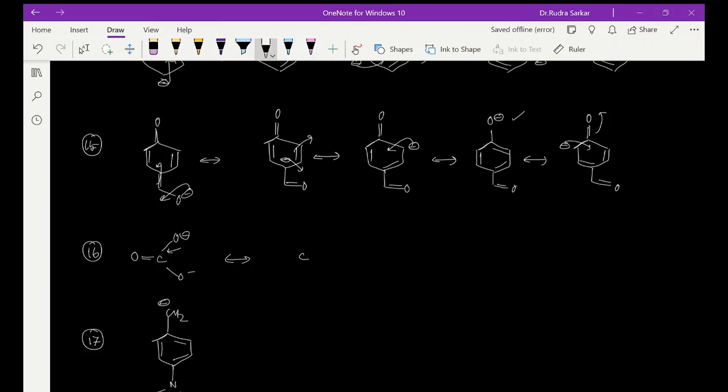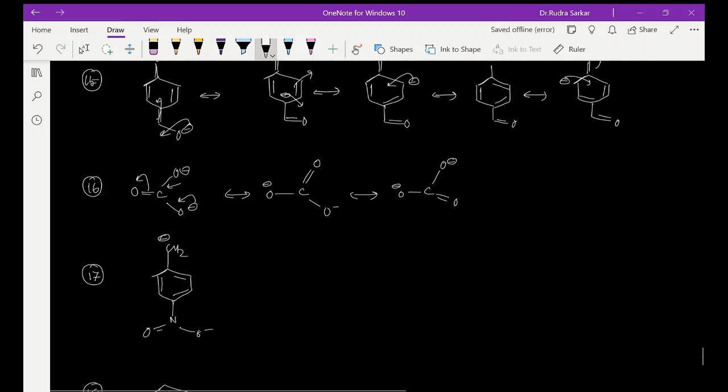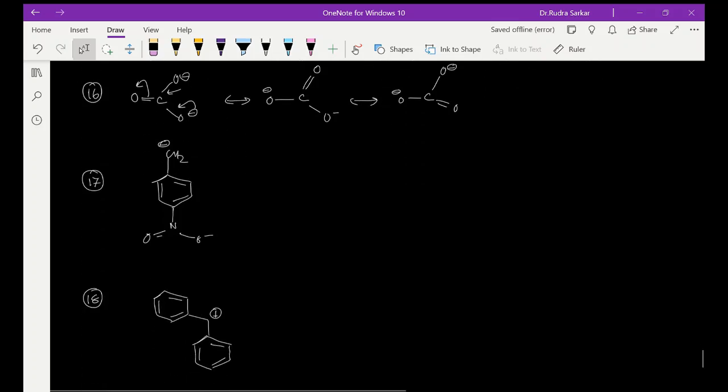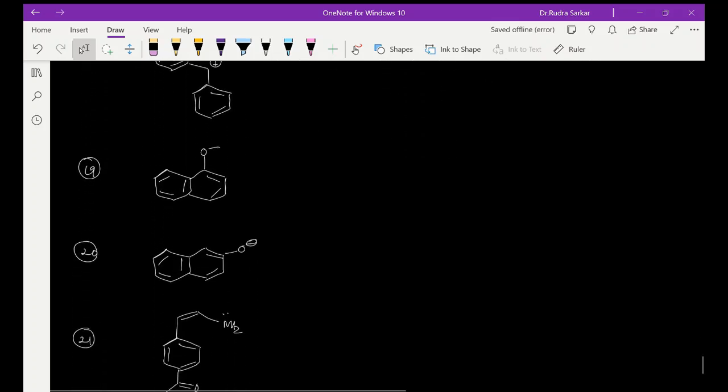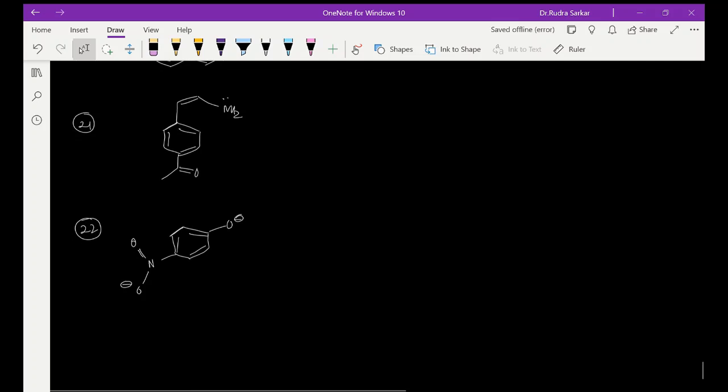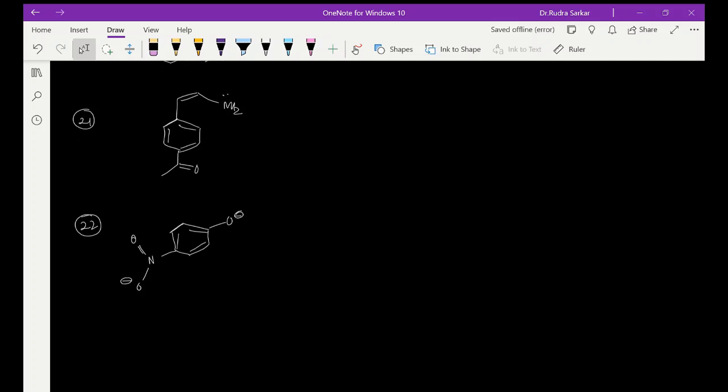Bring it here, that opens up, this becomes double bond O. Instead of this, if this one had gone, then we would have got another resonating structure which would have looked the way I'm showing it right now. There are a few more structures which I am leaving for you to practice. Give it a try.